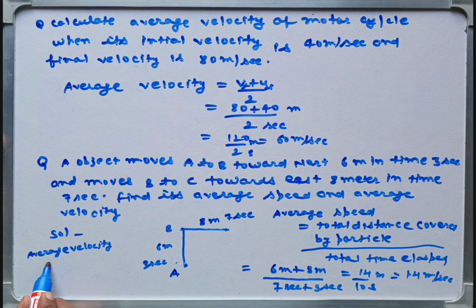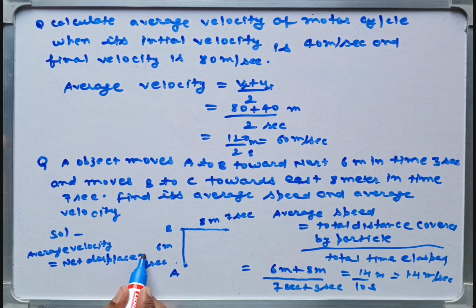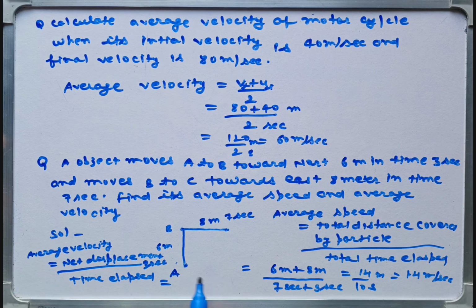So in this case, net displacement divided by time elapsed. Net displacement means initial position to final position joined by a straight line.